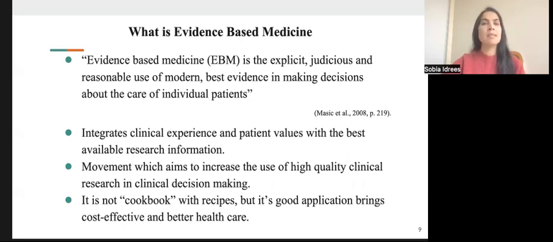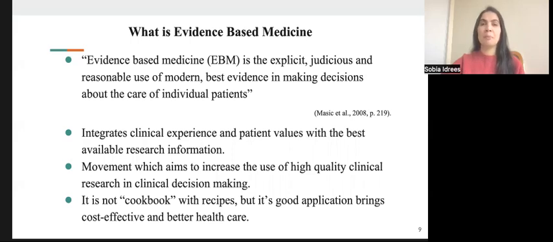So evidence-based medicine was also called a movement, which aims to increase the use of high-quality clinical research in clinical decision-making. The last point, evidence-based medicine is not a cookbook. It is not a book with a lot of recipes.